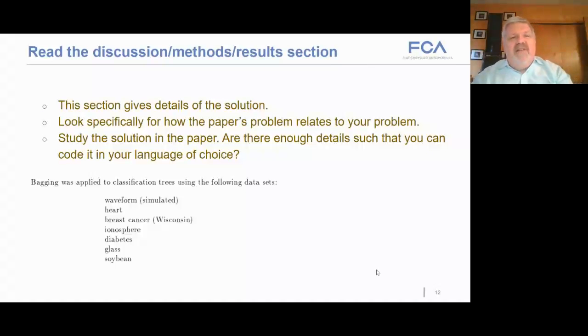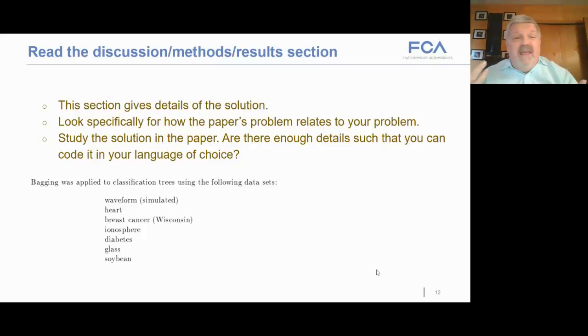Look at the results and the methods section. This isn't always very well described. If you don't have a detailed description of what we did to solve the problem, move on to another paper. We want to make sure that there's enough language in that. So if you're doing machine learning, we can make a code change or develop new code.